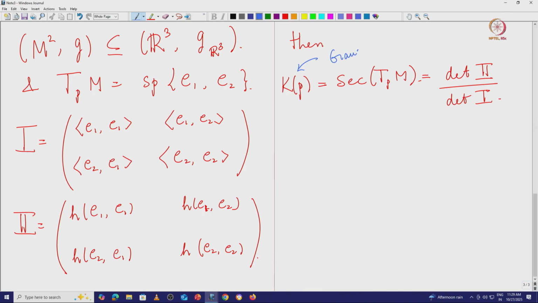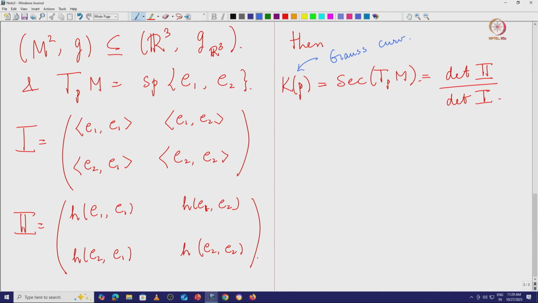So for two dimensional surfaces, the sectional curvature, the curvature tensor, etc., everything is determined by this one number, namely the Gauss curvature. So what this tells you is that the Gauss curvature is essentially just a quotient of two determinants, the determinant of the second fundamental form divided by the determinant of the first fundamental form.